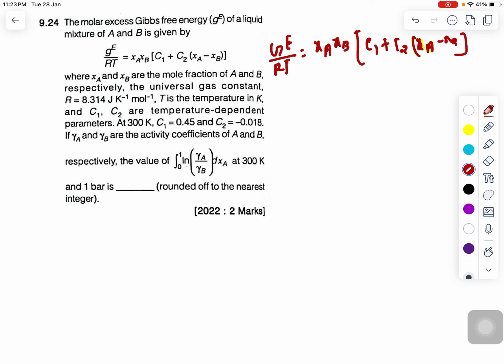You are supposed to calculate the integral of ln gamma A by gamma B dXA. So the excess Gibbs energy is given in terms of a particular model, and you are supposed to calculate the integration of ln gamma A divided by gamma B dXA.